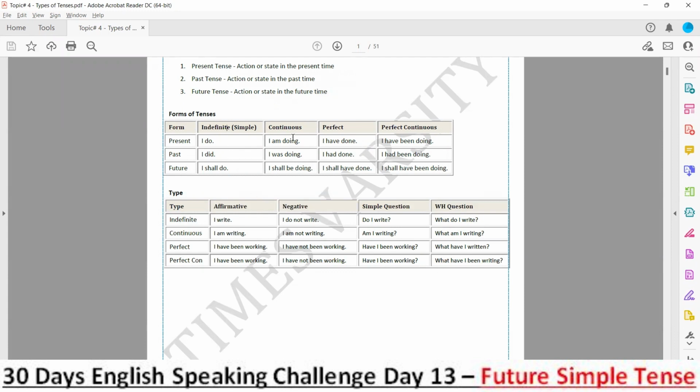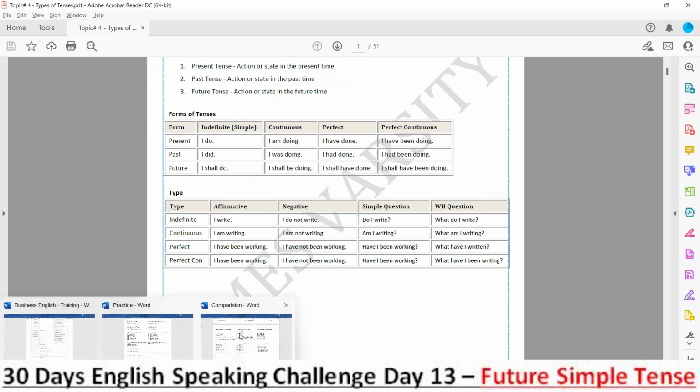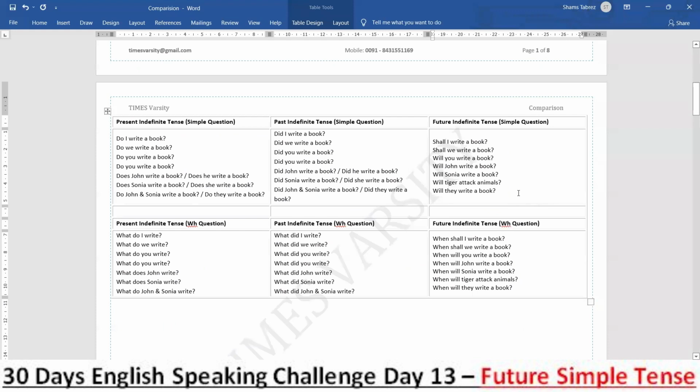Tomorrow we will see future continuous. Again, in future continuous, we have 4 types of sentences: affirmative, negative, simple question, and WH question. And we will keep on comparing so that you will notice how it is different from other tenses and how we can make it.